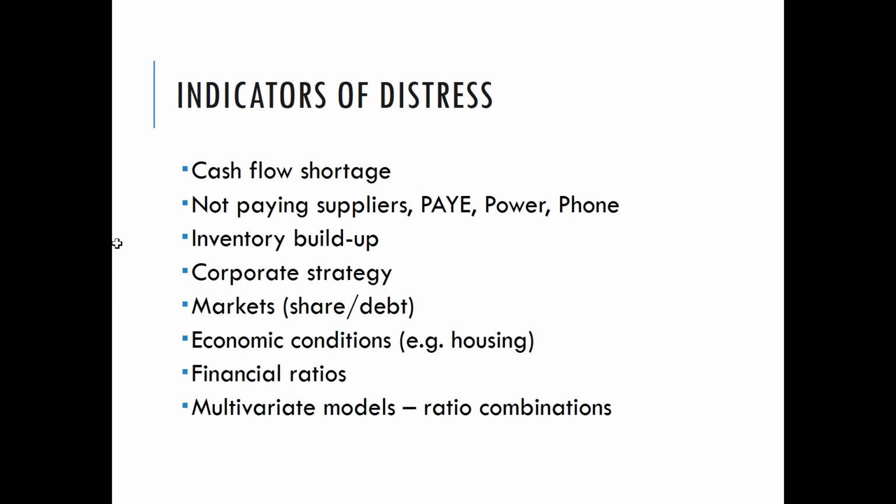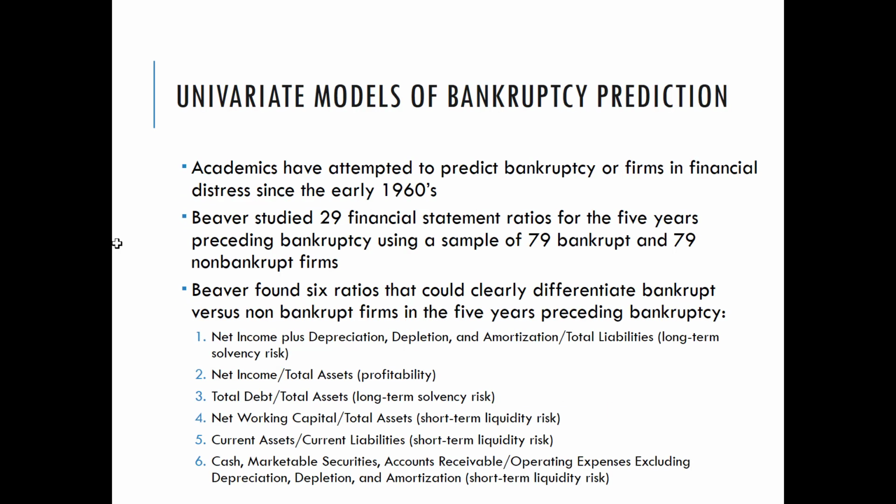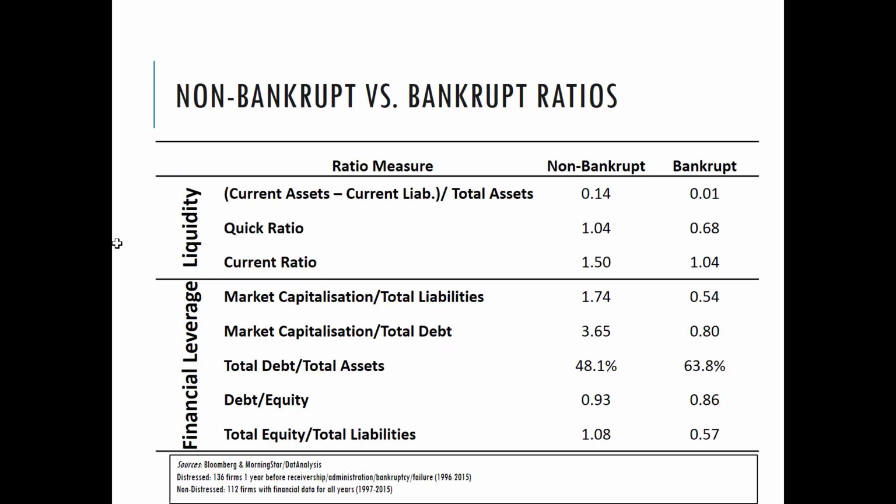But the things we're going to be focusing on today are really around financial ratios. Generally speaking, when we're looking at bankrupt firms and non-bankrupt firms, they differ quite significantly when it comes to their financial ratios. Before we actually jump into this, I just wanted to show you this little slide.